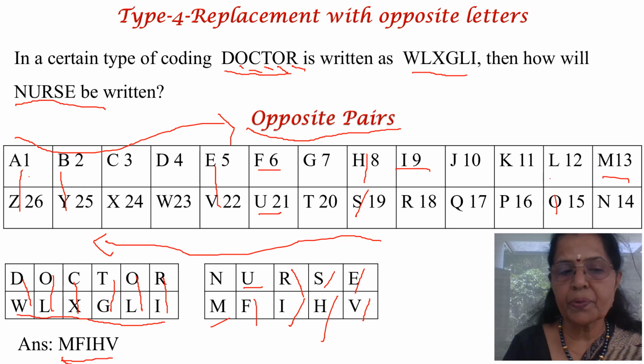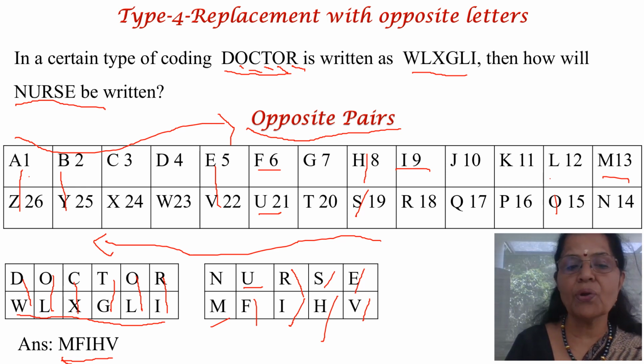And remember, one more clue. When you write the opposite pairs, note that when you add up the numbers of these opposite pairs, it should give you 27. A plus Z, 1 plus 26, 27. All the pairs, if you add up, will give 27. 2 plus 25, 27. 3 plus 24, 27. 4 plus 23, 27.